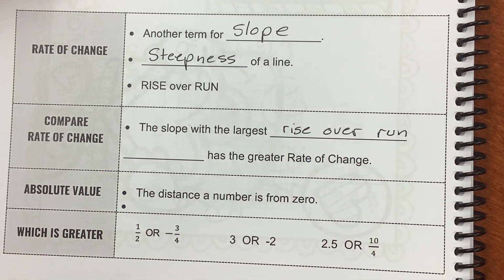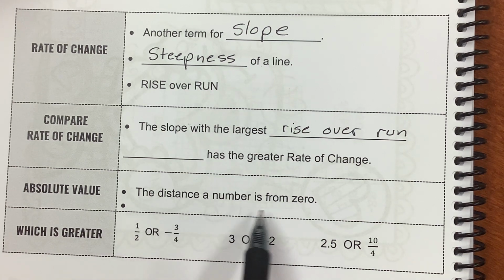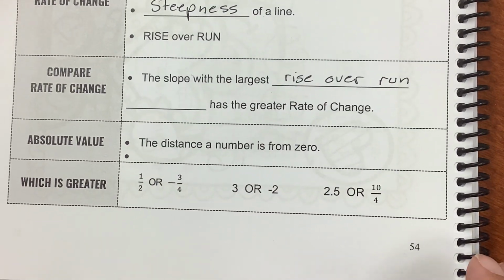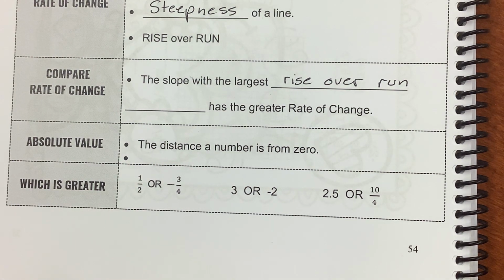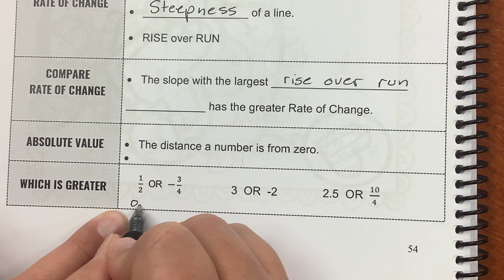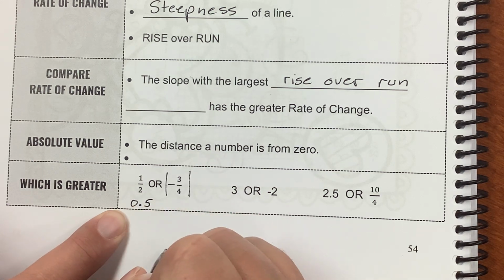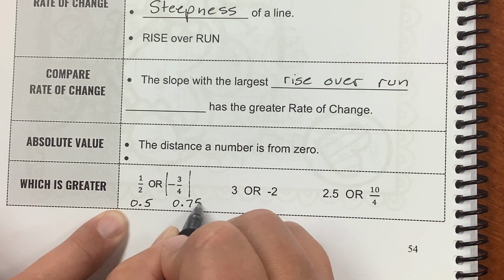All right, absolute value. The distance a number is from 0. So we're going to go down here and look to see which one is greater. Now, we're looking at the absolute value. So the absolute value of 1/2, we're going to call it 0.5. And the absolute value of negative 3/4 is 0.75.